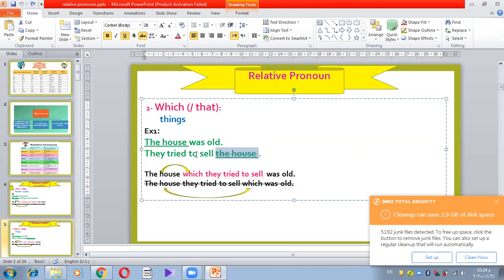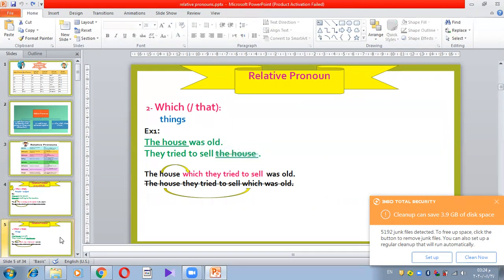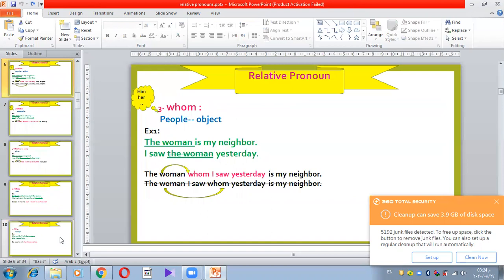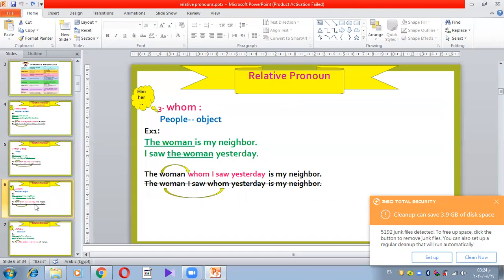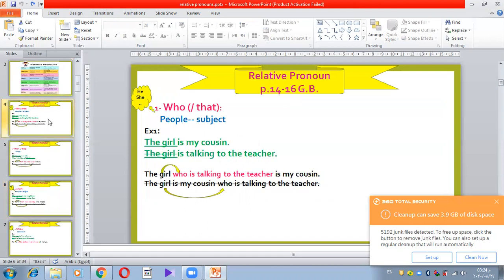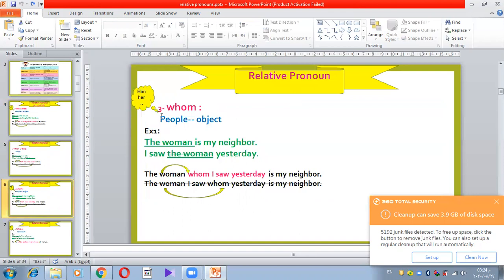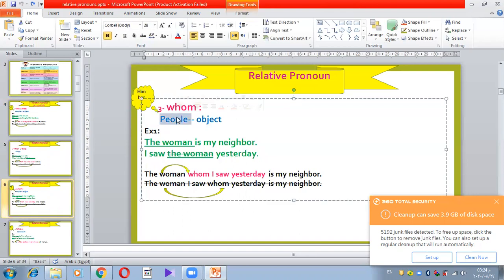Okay. Let's move on to the next one. After which, what do we have? Whom. Okay, whom is the same as who. Both of them are for people. But what's the difference? If the word that you are gonna remove is in the object position, you are gonna use whom.